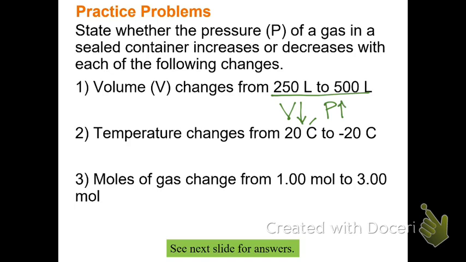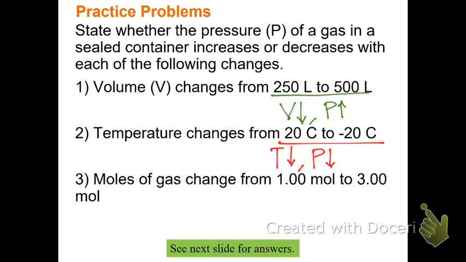All right, the second one here is temperature. How would that affect pressure? For this one, temperature changes from 20 degrees Celsius to negative 20 degrees Celsius. So this is a drop in temperature. Temperature decreased, right? How would that affect pressure? Temperature and pressure are directly related, directly proportional, and so pressure would decrease here.